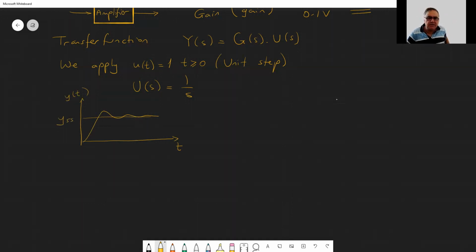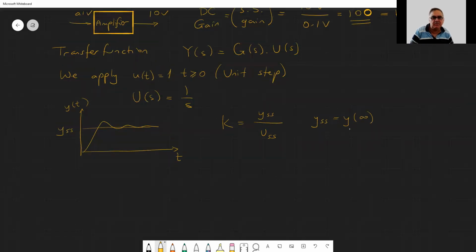So we want to find the gain, which is the steady state value of y divided by the steady state value of u. We can note that the steady state value of y is the y at time equals infinity, when things have settled down.